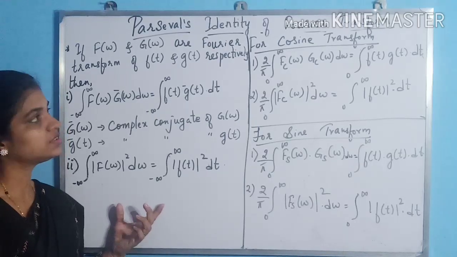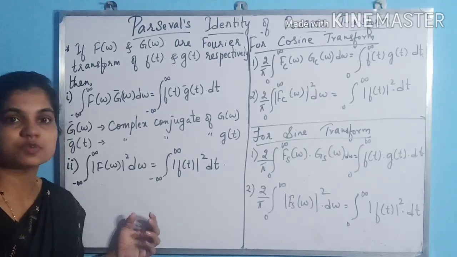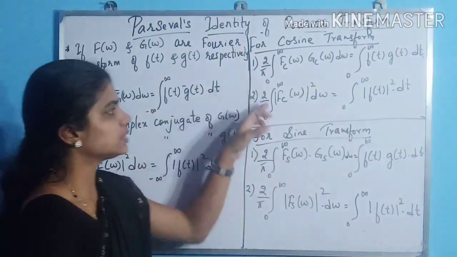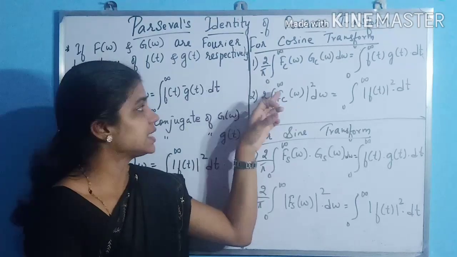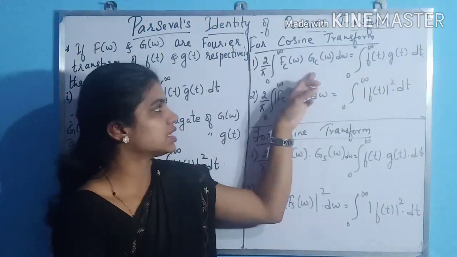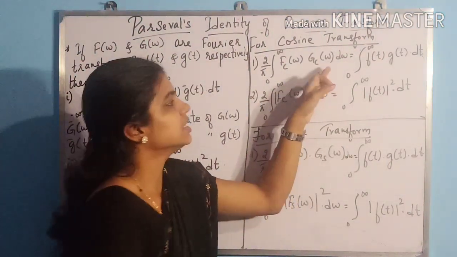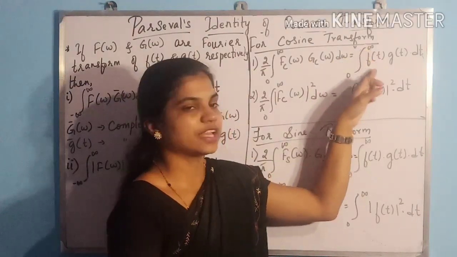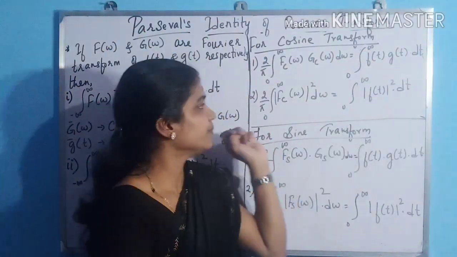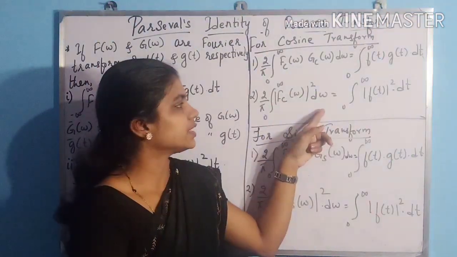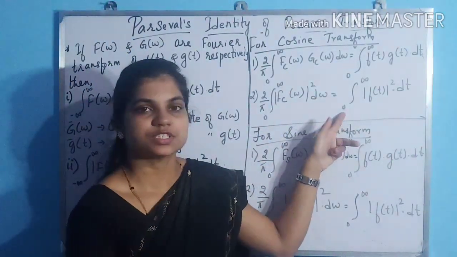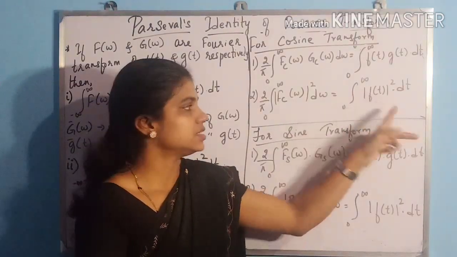Now if I want to write it in terms of cosine transform and sine transform, these will be the identities. For cosine transform we have 2 by pi integral from 0 to infinity of Fc of omega Gc of omega d omega, which is equal to the integral from 0 to infinity of f of t g of t dt, and 2 by pi integral of mod of Fc of omega the whole square d omega is equal to the integral from 0 to infinity of f of t square dt.